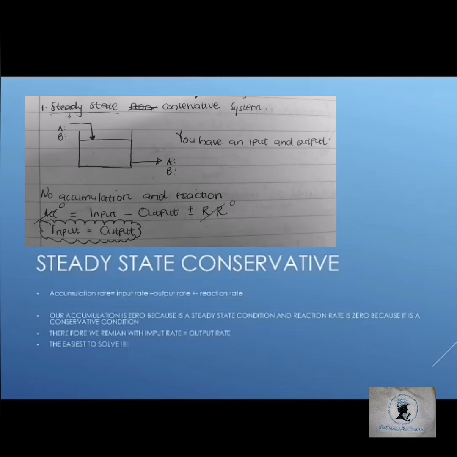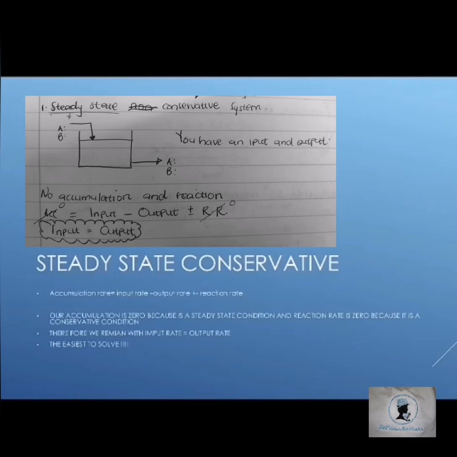Okay? And then we go on to this, and our reaction rate is 0 because it's a conservative condition, so we cancel out the reaction rate and write conservative. According to our definition, steady state means no accumulation, conservative means no decay and no generation.